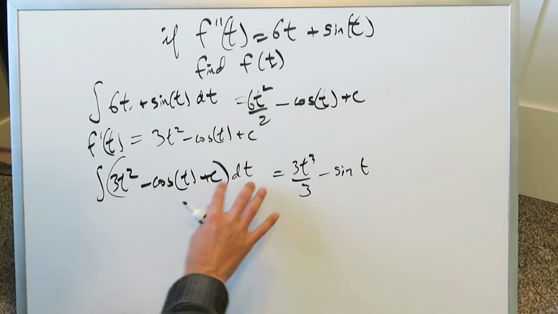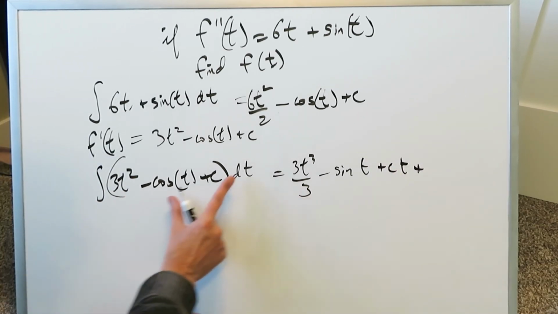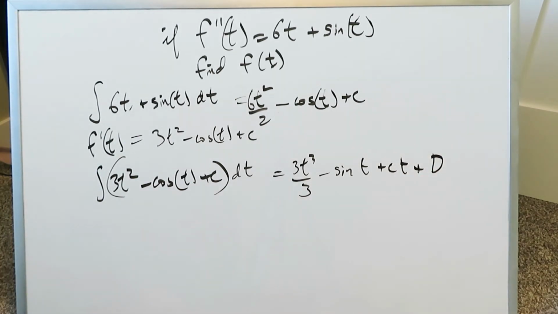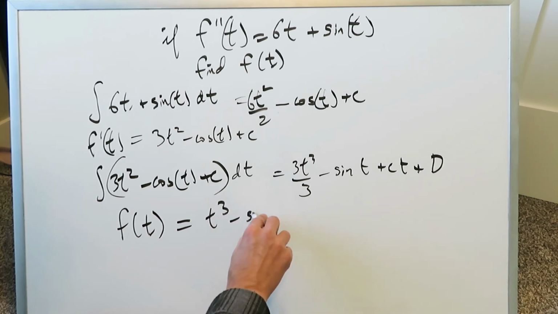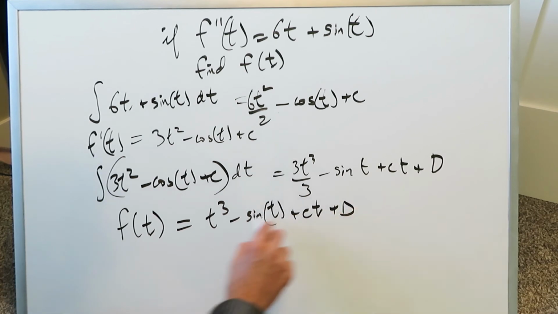C now with respect to the t variable will become a ct, and now as a result of this going through an indefinite integral procedure, you must bring a new constant of integration. Simplify this to get to your zero order function with regards to t. It'll be t cubed minus sine t plus ct plus d, and there it is.